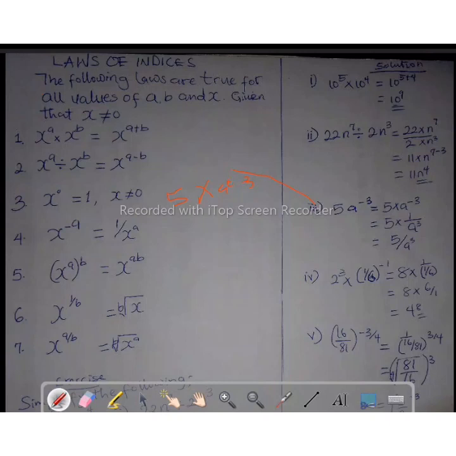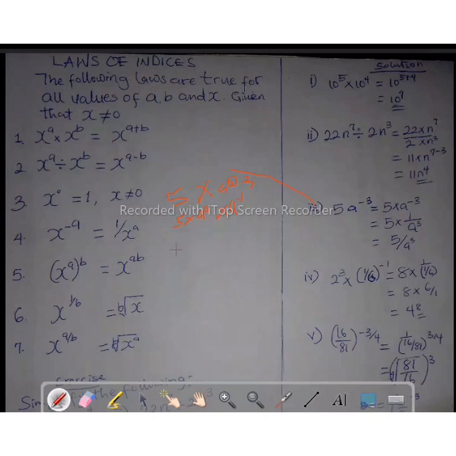5 times a raised to power 0 minus 3. And this will give us 5 multiplied by a raised to power 0, multiplied by a raised to power minus 1.